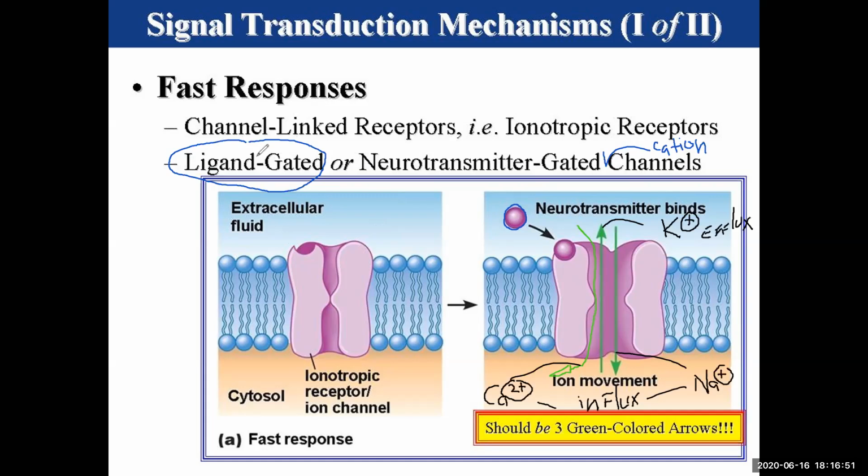But the ligand gated or neurotransmitter gated cation channels flux all 3 ionic species at the same time through the same channel, right? Those ligand gated cation channels influx calcium, influx sodium, and efflux potassium through the same pore, through the same passageway.